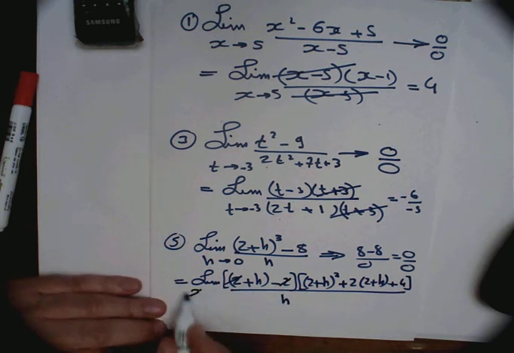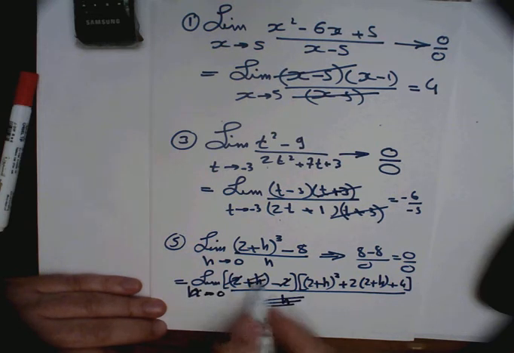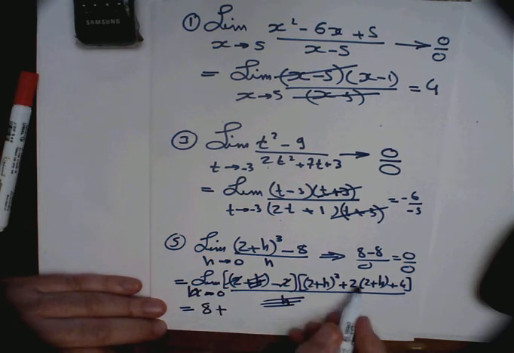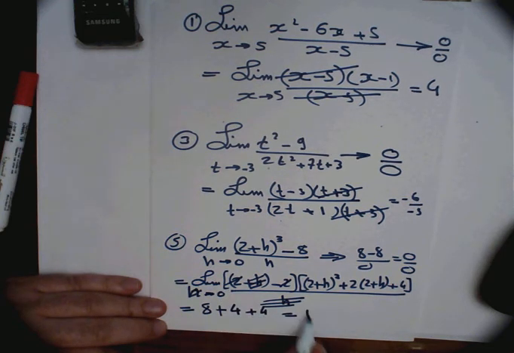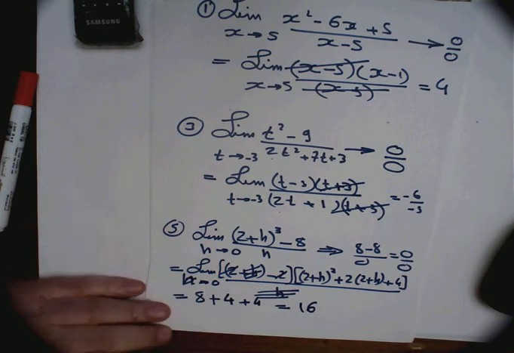And as you see, in the denominator is also h, so we can cancel together h with h. Then substitute to obtain 8 plus 4 plus 4, which is 16. Piece of cake, as I told you few seconds ago.